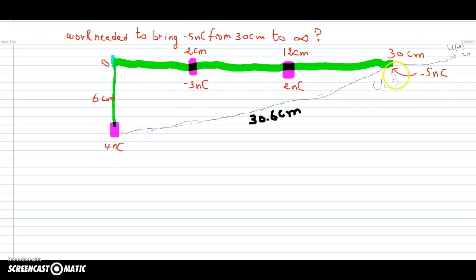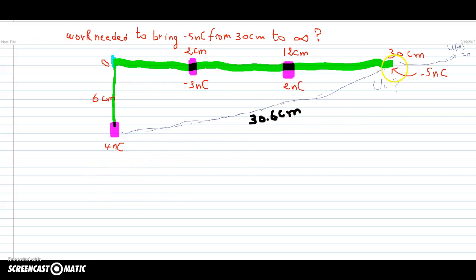So I'm going to evaluate the voltage due to these charges individually. That net voltage times the charge minus 5 is the energy of that particle at that position. Then the change to bring it to infinity, infinity minus this energy, is the work required to pull this charge from the set of charges. Okay, so that's the strategy.